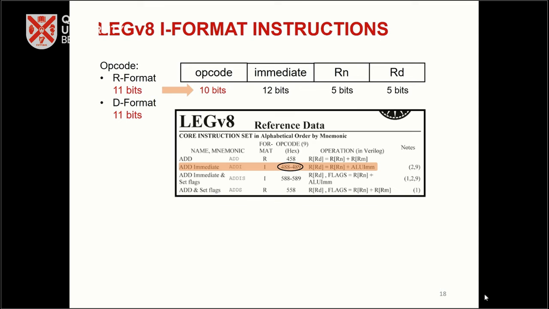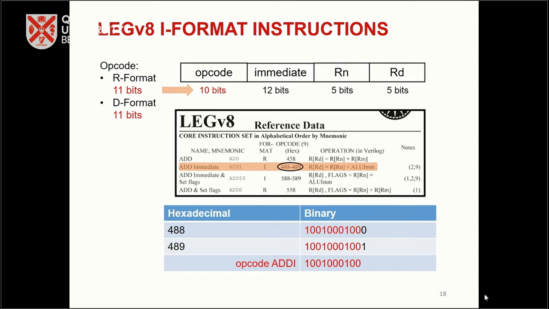So what happens is the following. We are using only 10 bits for one instruction, but for other instruction formats we are using 11.